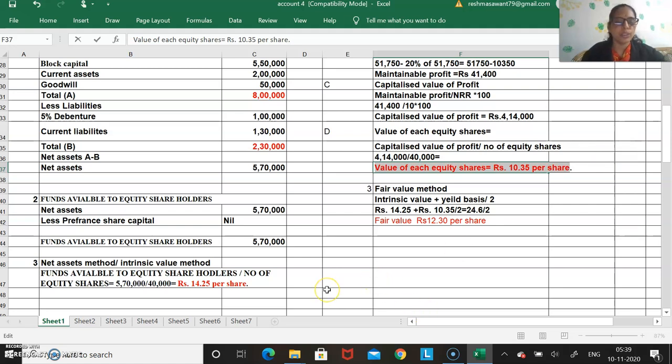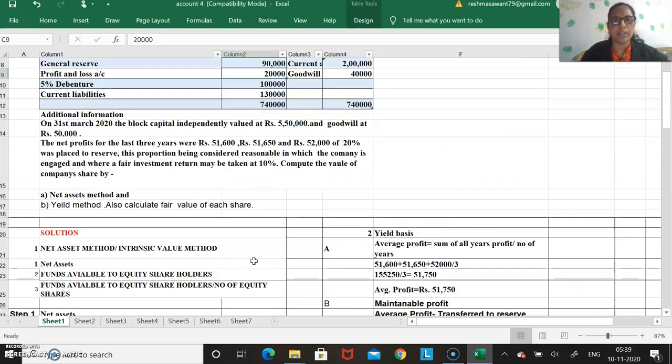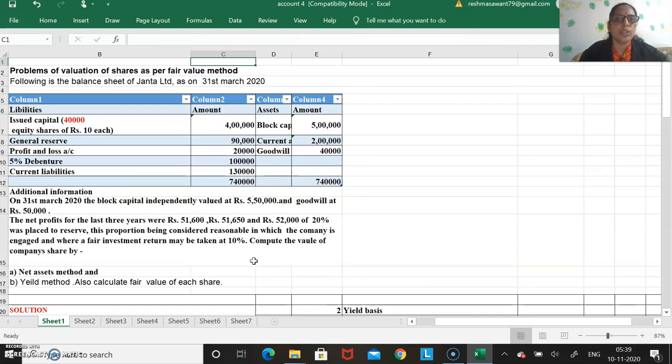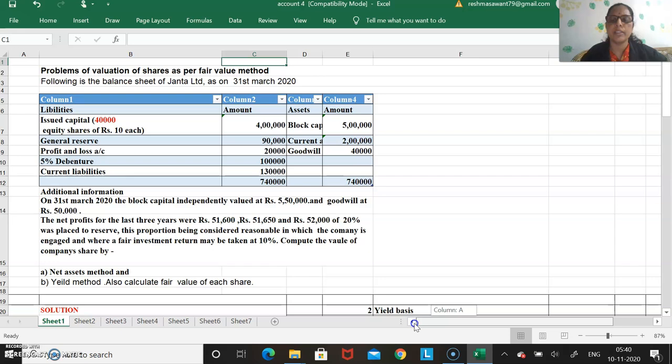If the question asks you about the calculation of fair value method, you have to calculate first the net asset method. So what is net asset method? First read the question, then identify all the headings and percentages related to your question. So this is the question we discussed for the 3 methods of fair value method. When a question asks you to calculate fair value method, it is important to calculate all the methods related to valuation of shares.